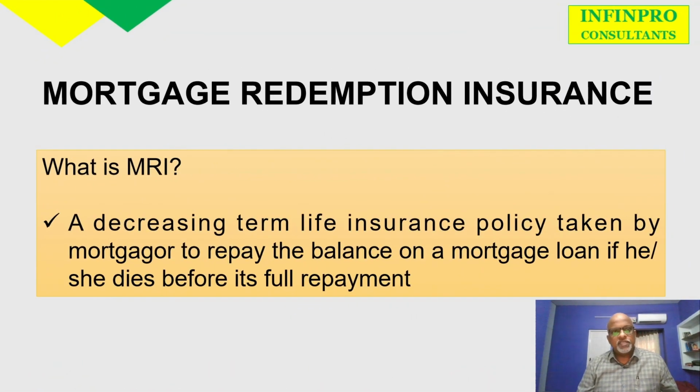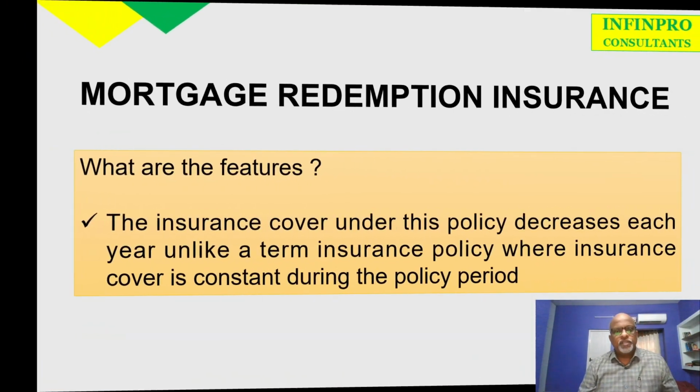In certain cases of MRI, a decreasing term life insurance policy is taken, wherein year after year, depending on the outstanding loan amount, the value of insurance keeps decreasing, and on death the outstanding loan amount will be settled by this mortgage redemption insurance.